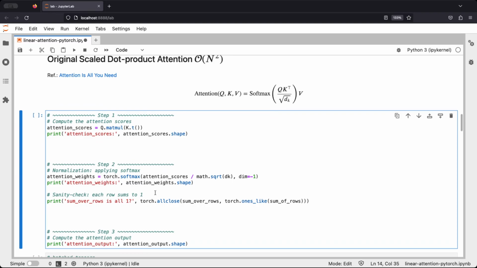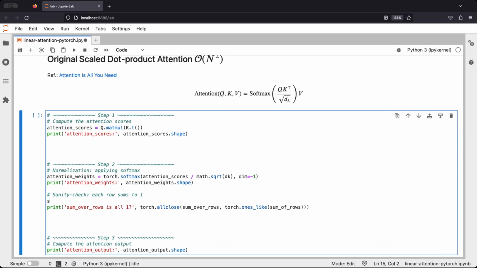We also do a sanity check, since we know that the output of softmax will all sum to 1. So let's do that real quick. We say sum over rows.